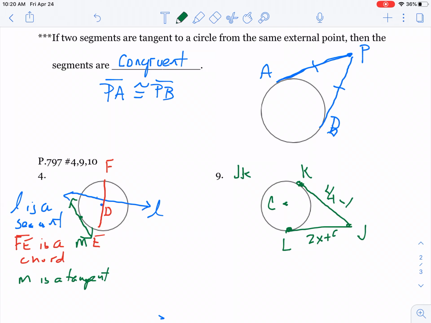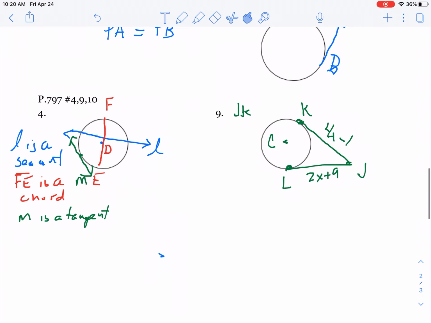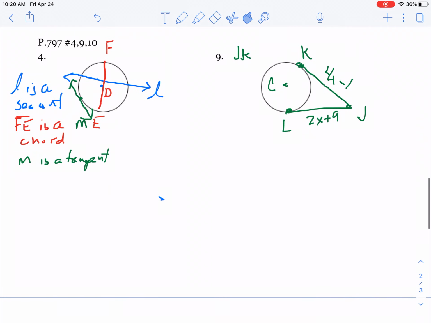Now, those are algebraic statements, and so what we can do is use our statement that if you've got a point exterior to the circle, you can then set those two segments, since they're both tangent segments, equal to each other. So 4x minus 1 equals 2x plus 9. We solve that by subtracting 2x from both sides.